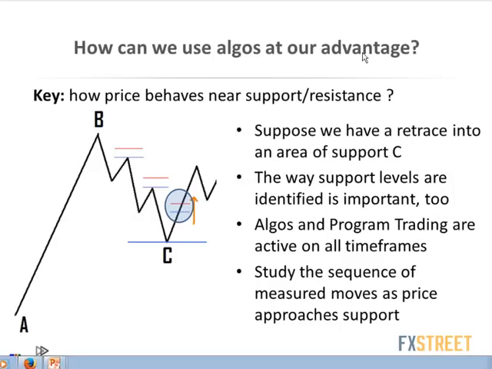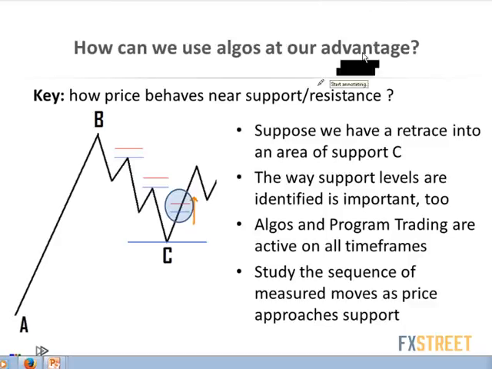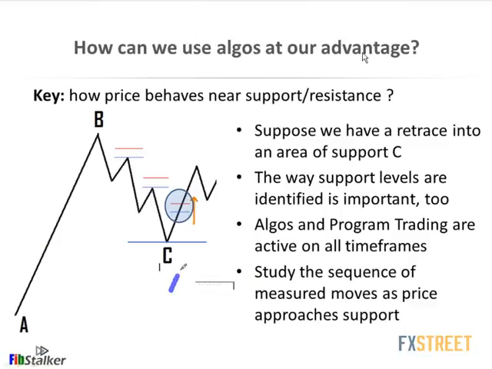I cannot, but after the level C has been tested, if the sequence of measure move that models this move lower actually fails, then we can assume that the participation in C is stronger than the participation that we see on the other side, on the smaller time frame, that brings price into level C.